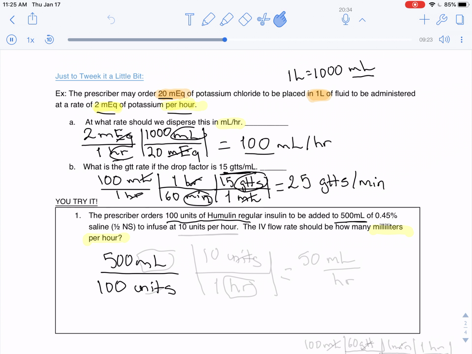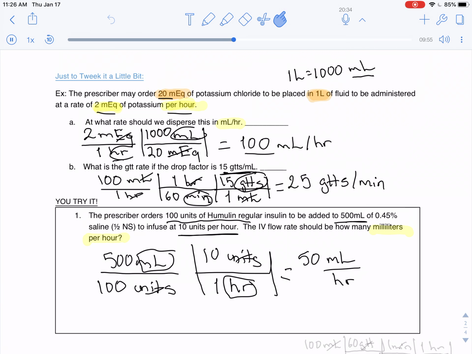Here we're also given the fact that there are 10 units per hour. So that is our conversion factor. Since we have units on the bottom, we can put units up here. There are 10 units per hour. So units cancel, and we are indeed left with milliliters per hour. So our final answer would be 50 milliliters per hour.